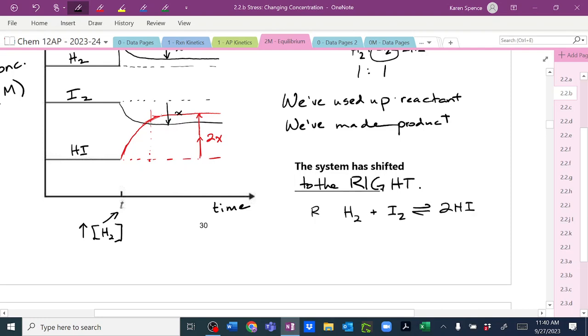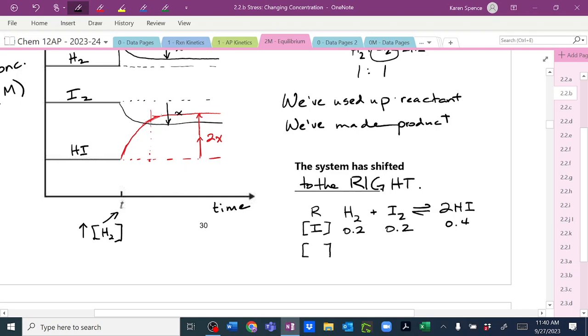This is our reaction. I'm going to maybe give you an initial concentration. Maybe this is, I don't know, 0.2, 0.2, 0.4, just making up numbers.